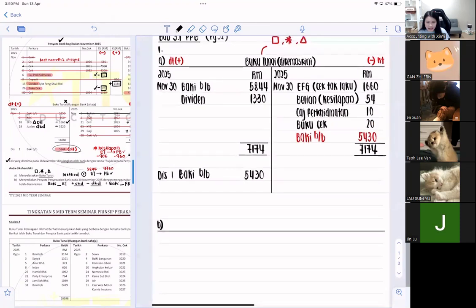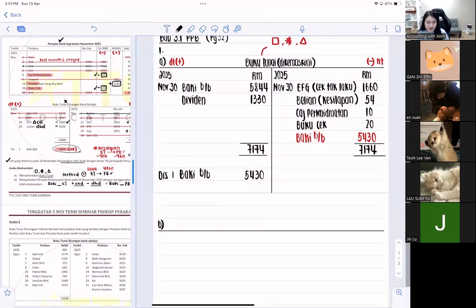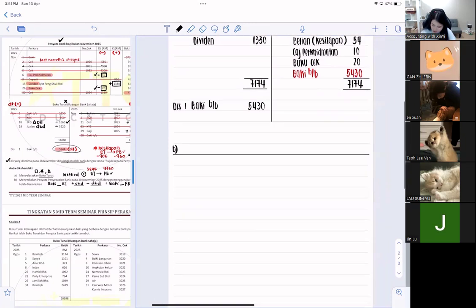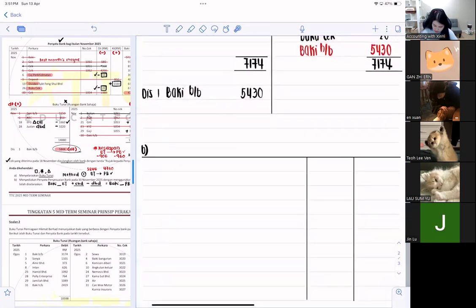And we will continue using this baki at the bottom for part B. Okay, now part B cannot be the same format as your part A because part A is a leja form, buku tunai, T-shape. But for B, it's called penyata penyesuaian bank. You have to see it in a penyata form. That's why on the right side, we will keep 2 columns. Also 10 rows of space. Okay, must be penyata form. Then you put your title according to here.